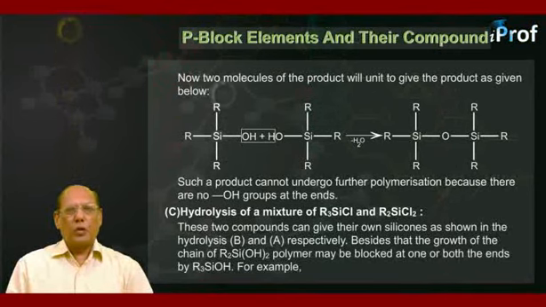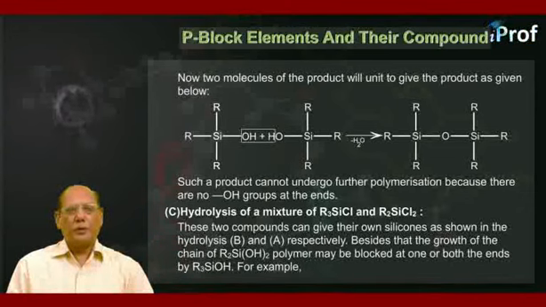C. Hydrolysis of a mixture of R3SiCl and R2SiCl2. These two compounds can give their own silicones as shown in the hydrolysis B and A respectively.